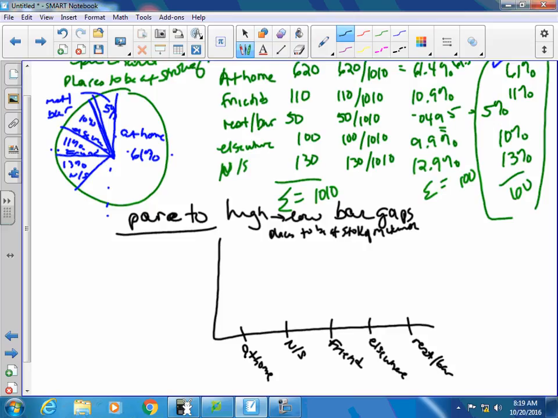I need to label my x-axis. What kind of things are these? Places. I'll just call it places. And now my y-axis is my frequency. How high do I need to go on my y-axis? What's my highest bar can be? 620. So I need to go a little bit above the 600, right?